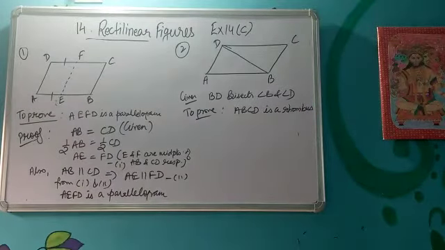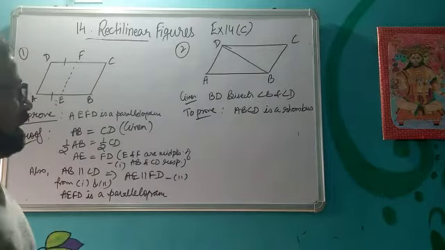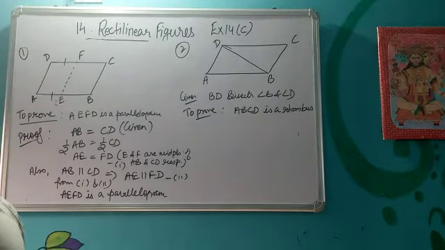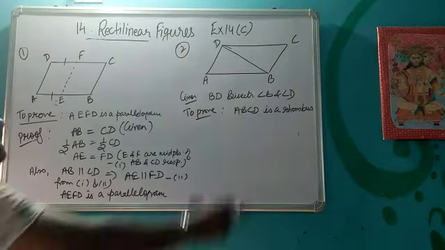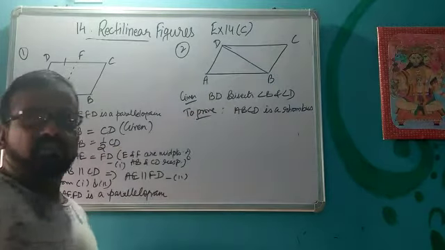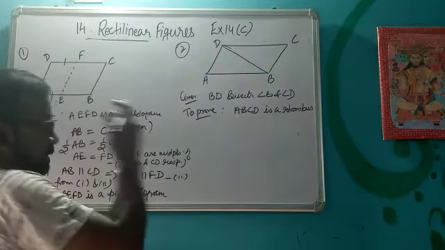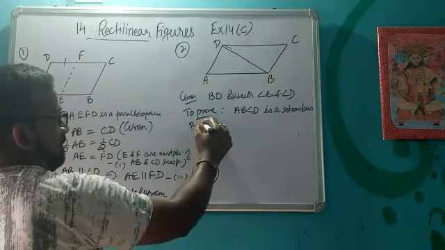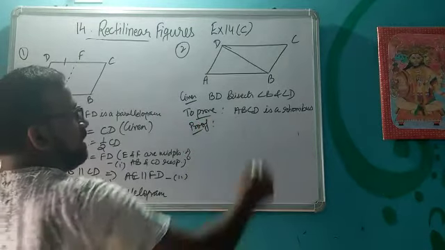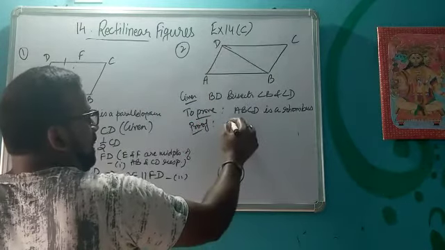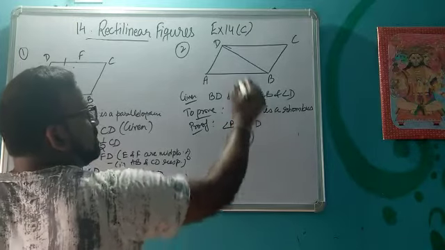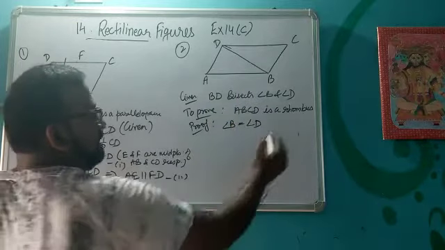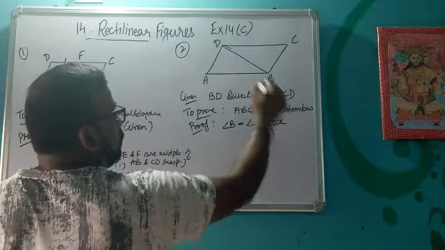So in order to prove that a geometry is a rhombus, if we can prove all the sides as equal to each other, then this parallelogram ABCD becomes the rhombus. So let's discuss the question first. Angle B is equal to angle D. Let these two angles equal 2x.